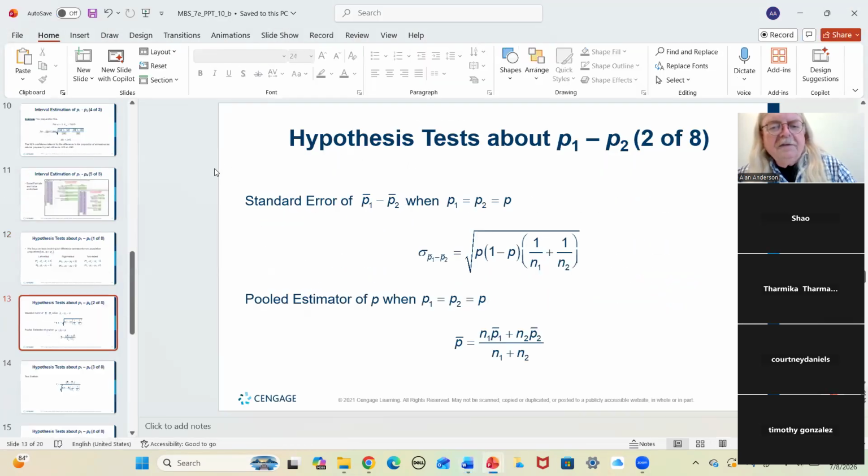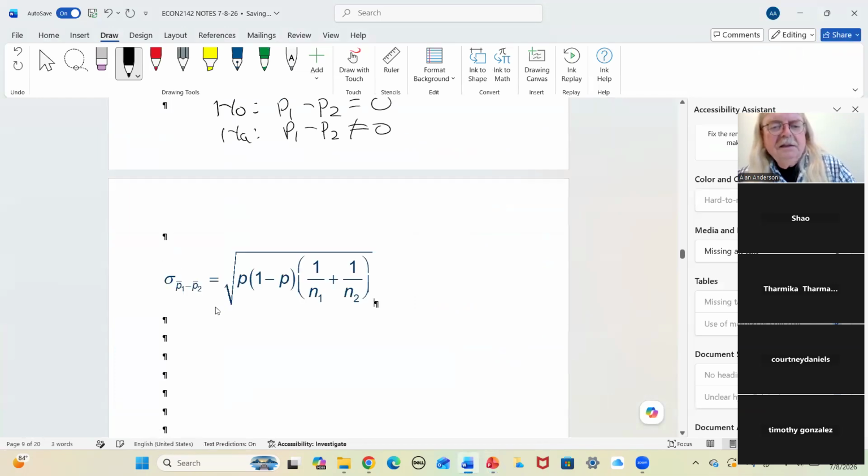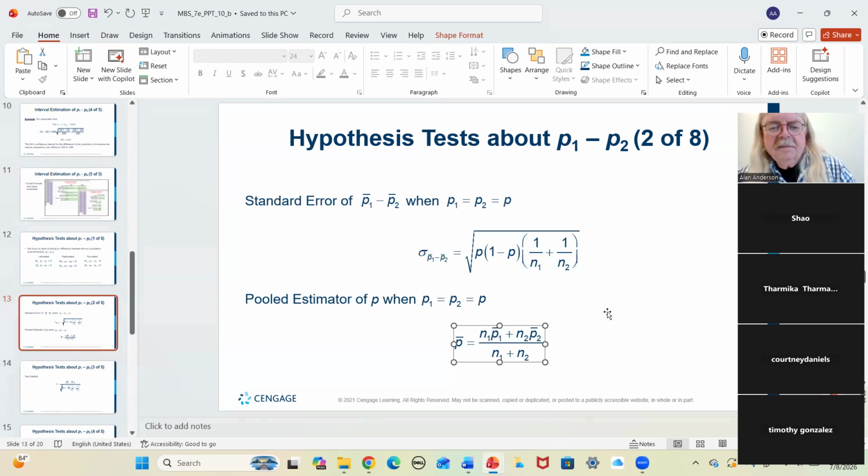All right, let's see what they've got for. Oh, yes, yes, yes. We need this. So it's getting a little messier. Yes, that's true. This one is used if you believe that the two populations have the same proportions, you can average them out with this statistic.